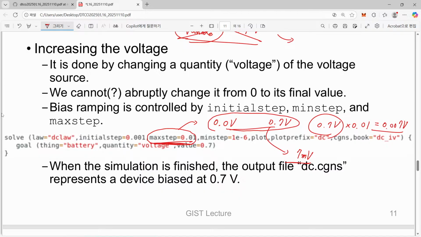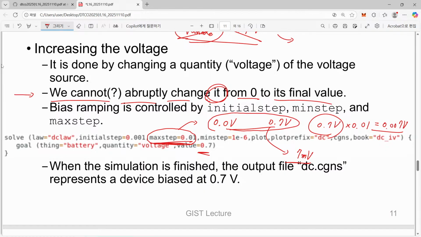So here I just say that we cannot abruptly change it. It means that the voltage value goes from 0 to its final value. So we must continuously change each value, without taking too much risk, and eventually arrive at 0.7, the given goal.